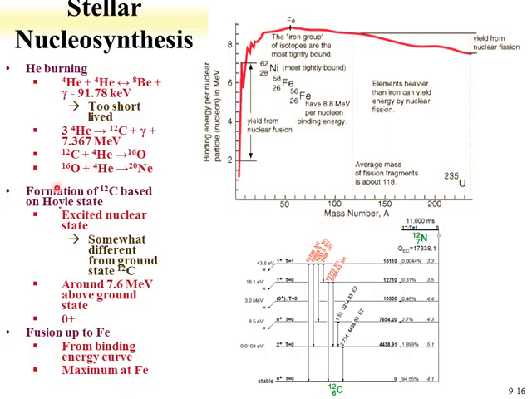However, one of the estimations from this, if one looks at the energy, is that there would be a higher probability of this reaction occurring if there's a nuclear state around 7.4 MeV. This is called the Hoyle state.